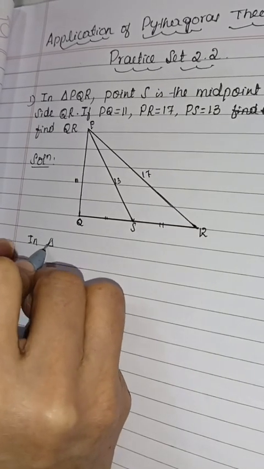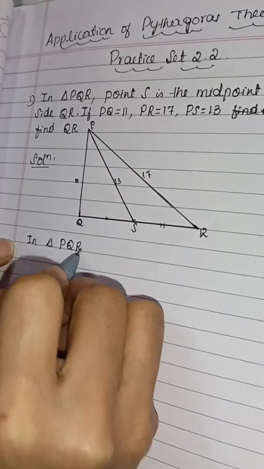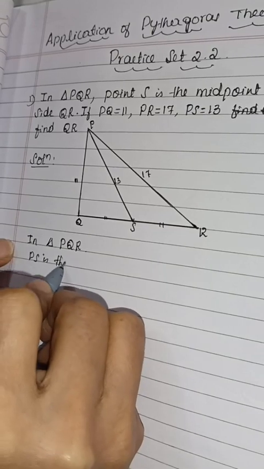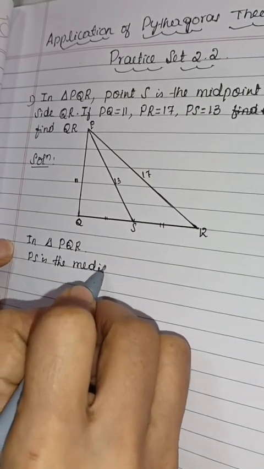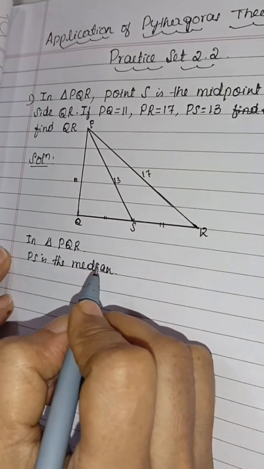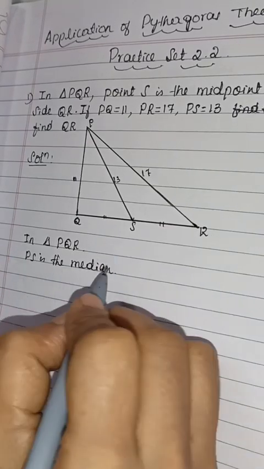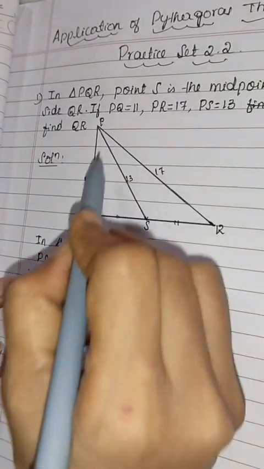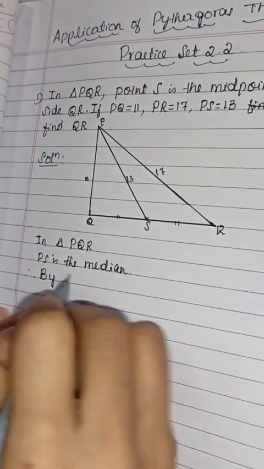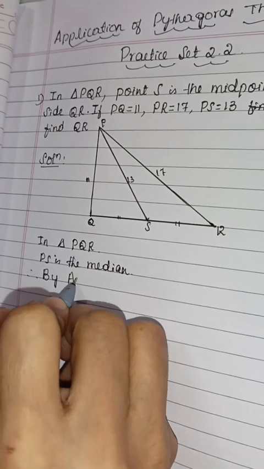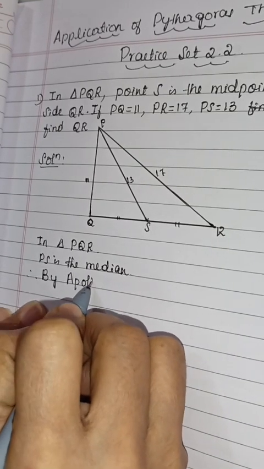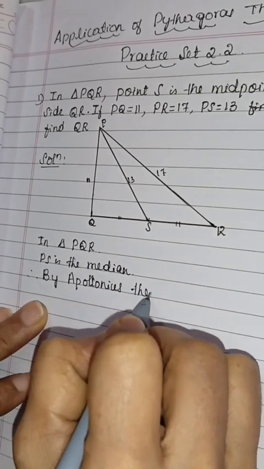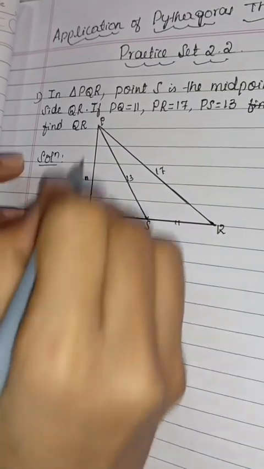In triangle PQR, here PS is the median. PS is the median. Therefore, by triangle and median comes means what? Apollonius theorem. Okay, so by Apollonius theorem, what is the formula?